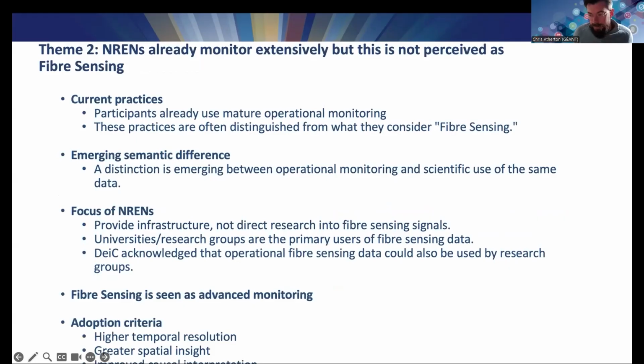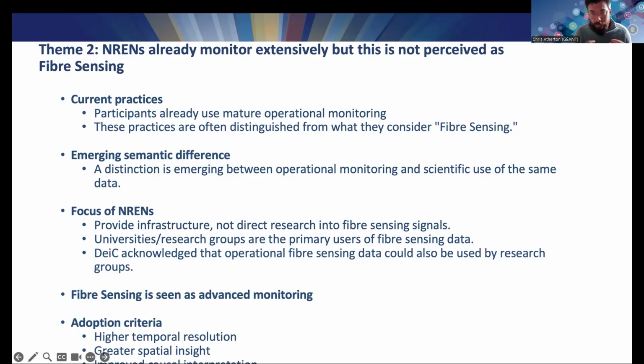The second theme, and I've realised the last bit has been cut off, sorry about that, was more about how NRENs perceive the use of fiber sensing. This one has caused quite a bit of debate internally when we were reviewing the document which goes to support this survey. We found that people have started to make a distinction between the operational use of fiber sensing and scientific use of fiber sensing.